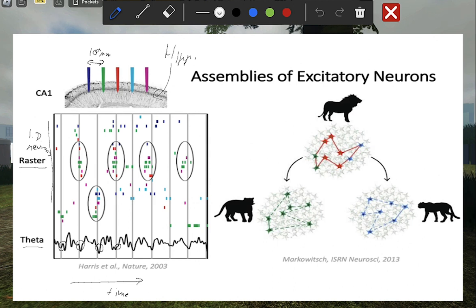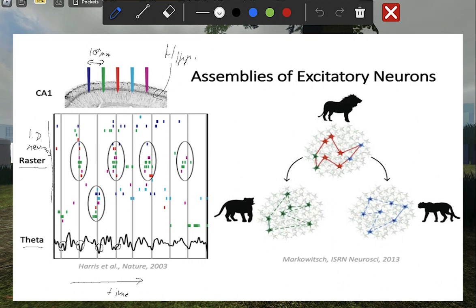And we think, and there's a lot of evidence to support that, that this theta signal and others like it, these so-called local field potentials, are highly correlated with inhibitory activity. So it appears that not only do these assemblies of excitatory neurons strongly cluster together over fairly large spatial distances, they're also happening in concert with some sort of inhibitory activity.